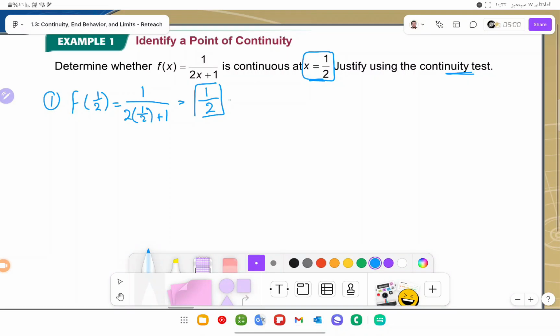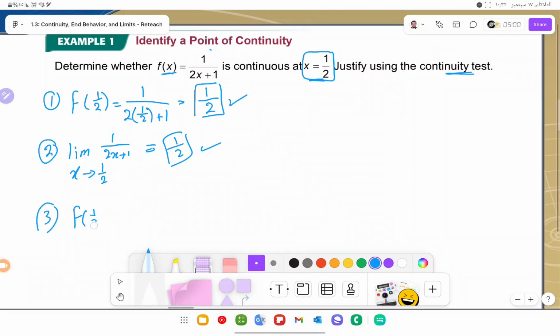So is this one continuous? Yes, it's continuous. Now let's test number 2: the limit when x approaches 1 over 2 of f of x. F of x is what? It is 1 over 2x plus 1. So just replace x with 1 over 2. The answer will be the same thing, 1 over 2. Now number 3: are number 1 and number 2 equal?